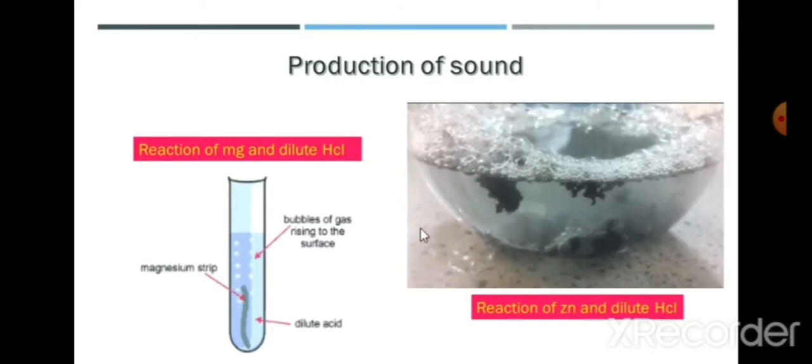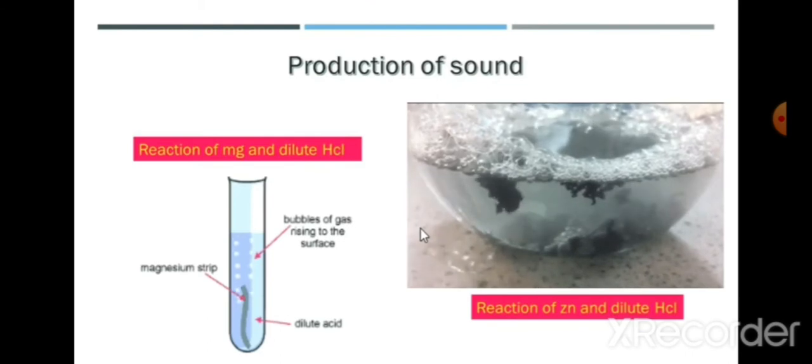For example, when a metal like zinc or magnesium reacts with diluted acids, hydrogen gas is produced. See here in the picture, the reaction of magnesium and dilute HCl and the reaction of zinc and dilute HCl is shown.